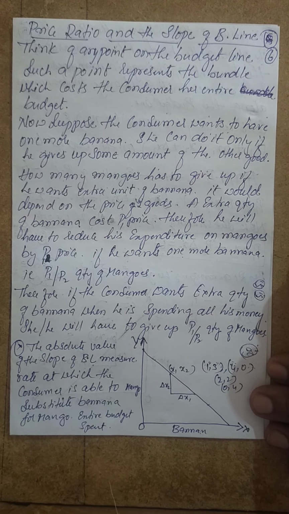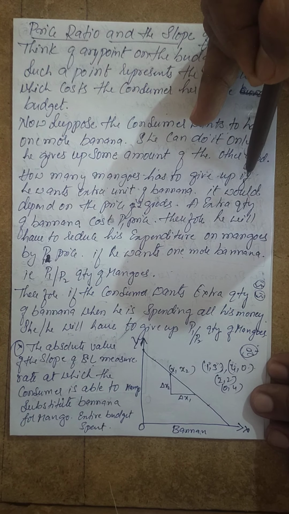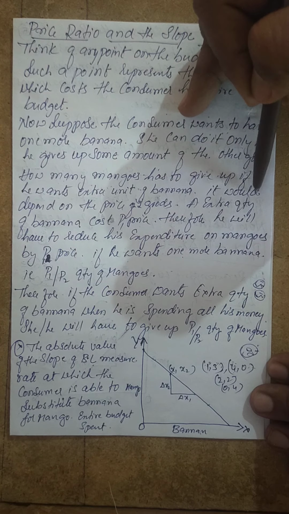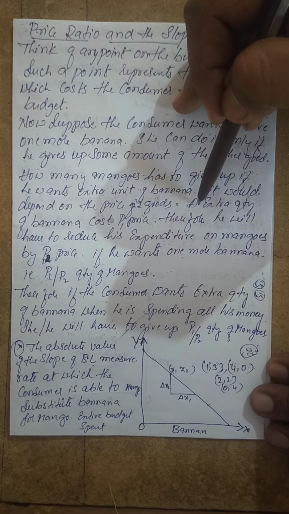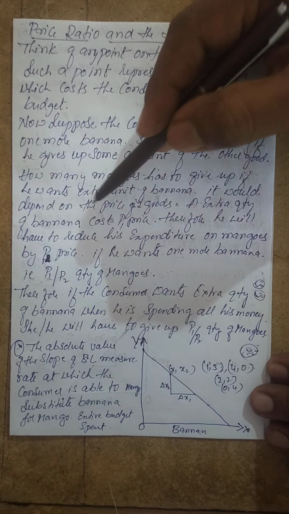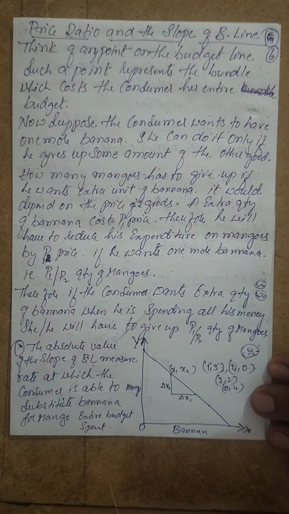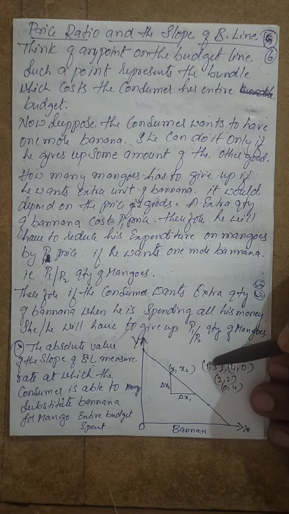So that is what they say very clearly, how many mangoes has to be given up if he wants an extra unit of banana. It would depend on the price of the two goods. Okay, so now an extra quantity of banana costs P1 price. That means, please understand very clearly, whatever the extra consumption is, that will be the price of that 5 rupees.